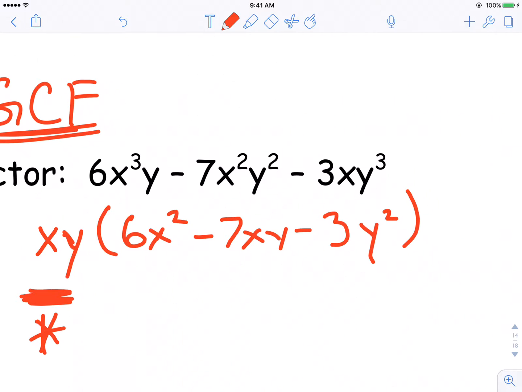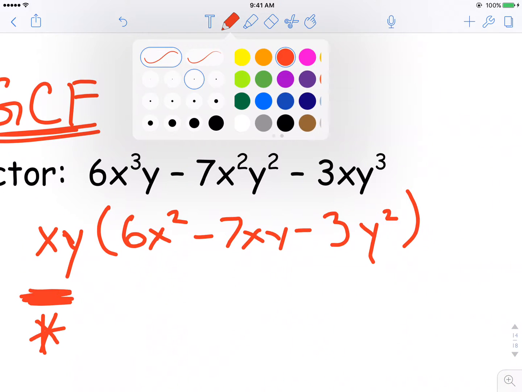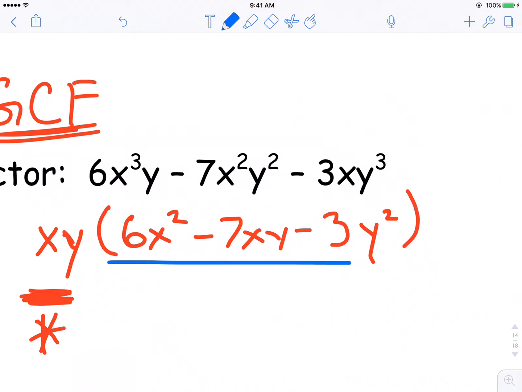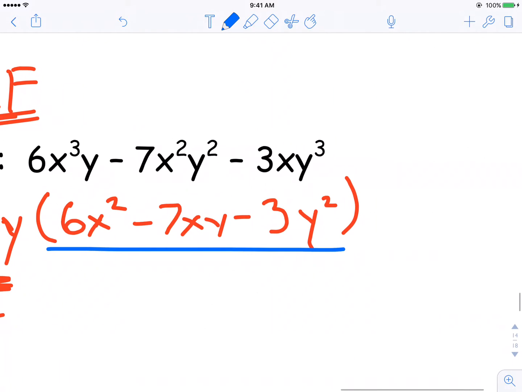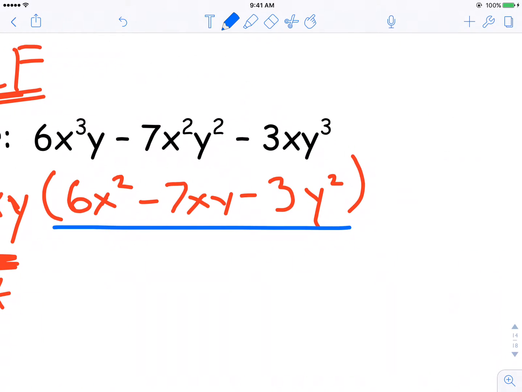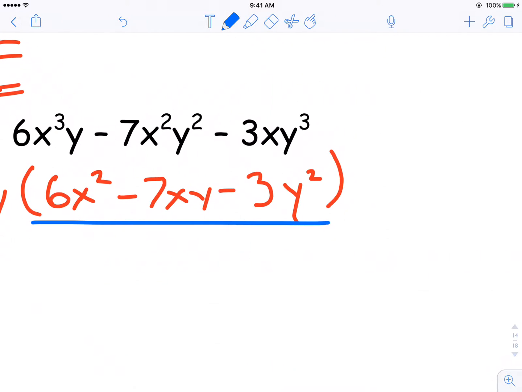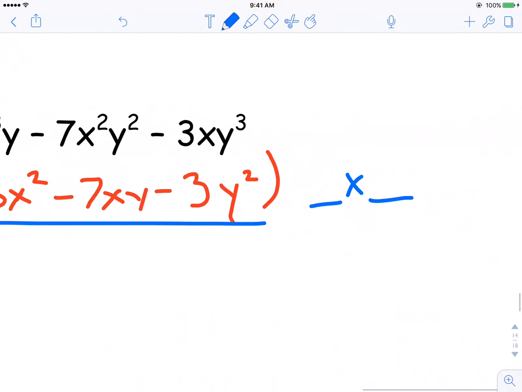Now though, I can take this part of the term, what I'm left with here, and I can try and factor it like I have been before. I look for two numbers that when I multiply them together, I'm going to get negative 18, which would be 6 times negative 3, which is a times c.